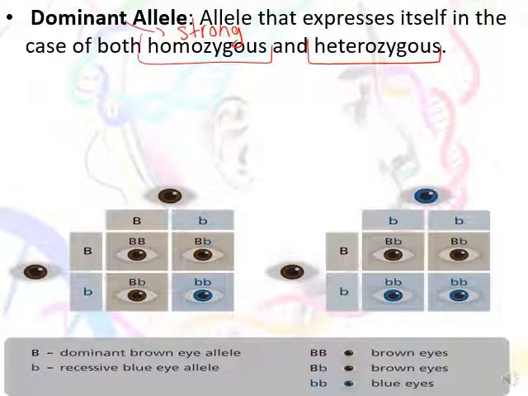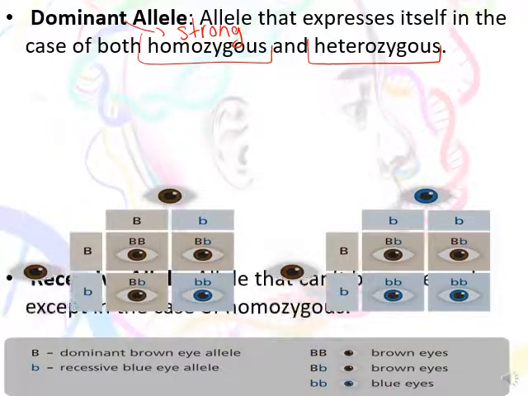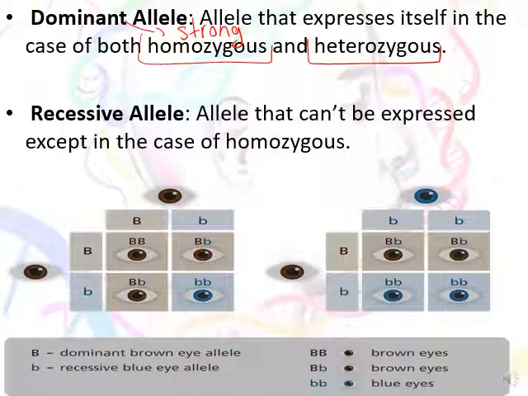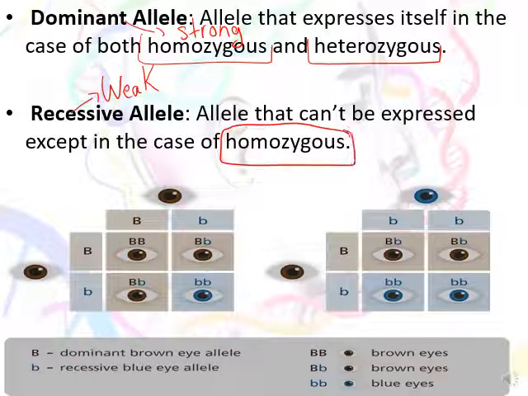It can be expressed when we have two strong alleles, or when we have one strong and one weak. Recessive allele: what is the meaning of recessive allele? I said that the recessive is the weak allele, which cannot be expressed unless we have two weak alleles together, so in the case of homozygous.